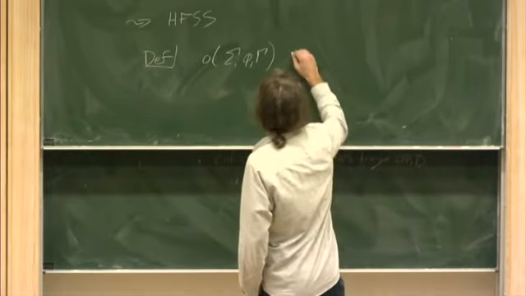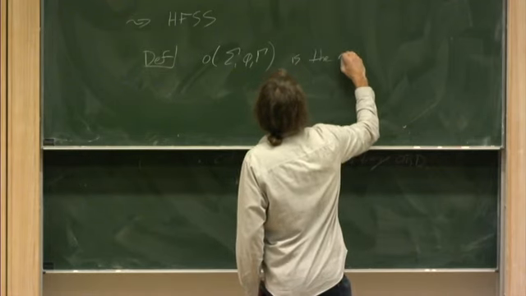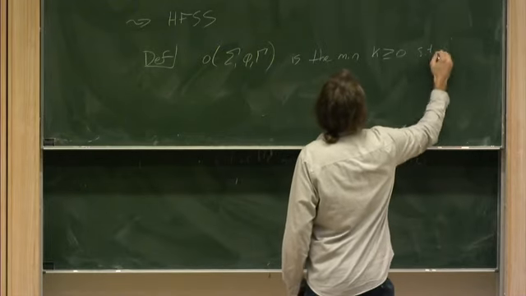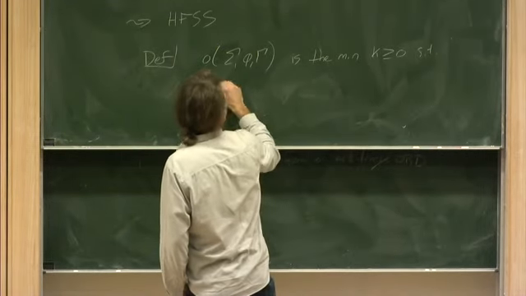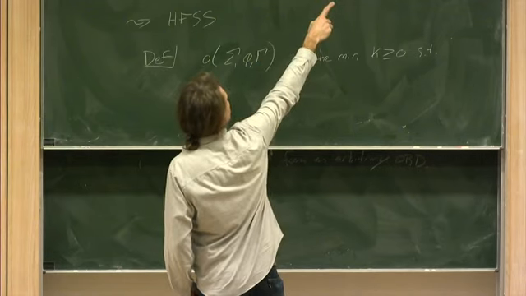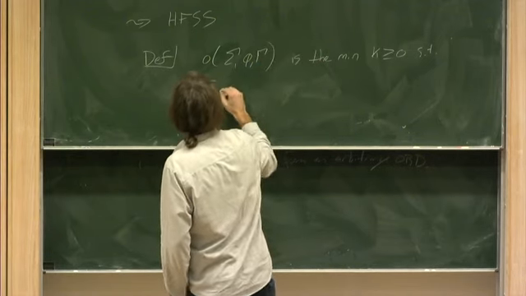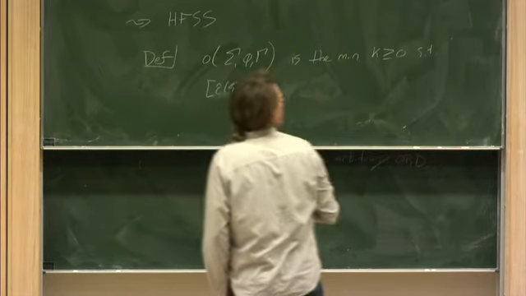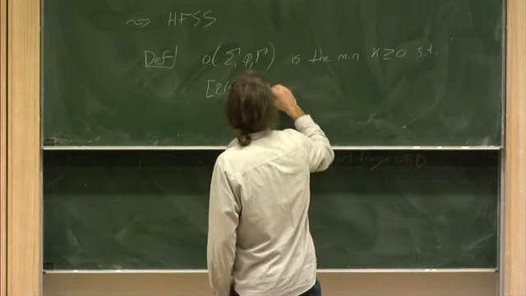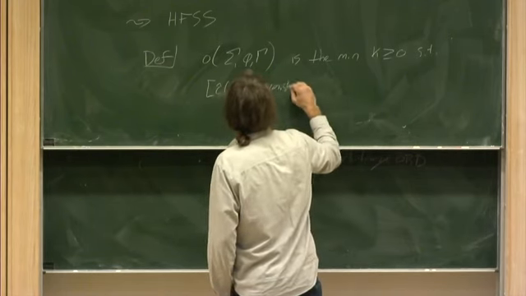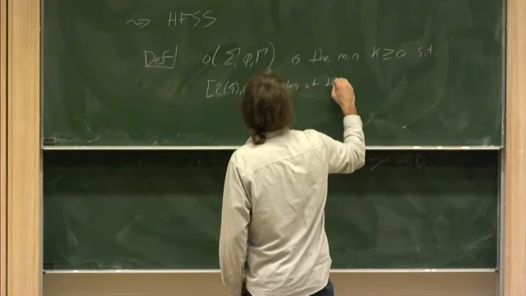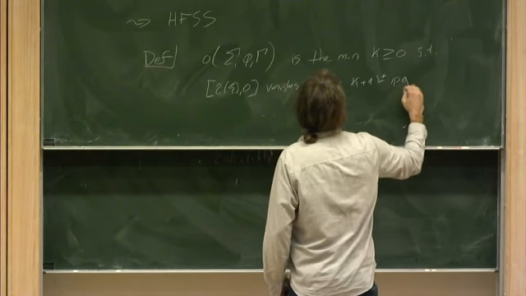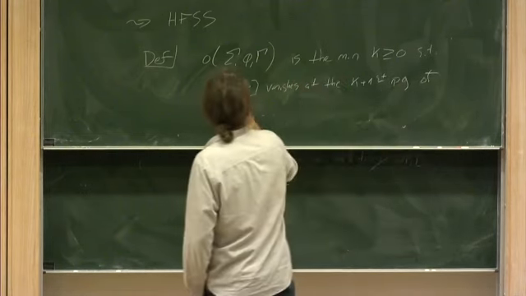So the order is the minimum k greater than or equal to 0 such that the contact element in this thing, let's say at the 0 level, it doesn't matter because they're all the same, vanishes at the k plus first page of the spectral sequence.